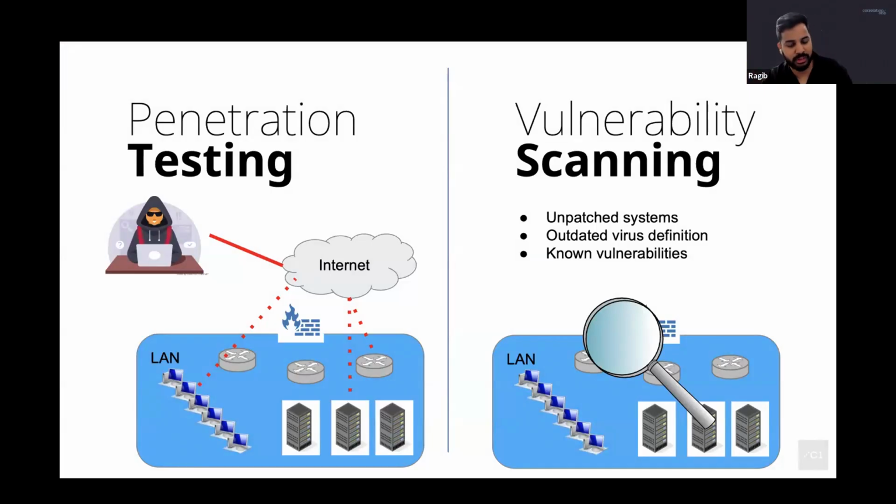This is active manual testing where security experts think like real attackers and try to exploit vulnerabilities in creative ways. On the right-hand side, vulnerability scanning is represented by the magnifying glass. It's systematically examining your networks. It's automated scanning that identifies specific issues like unpatched systems, outdated BIOS detections, and known vulnerabilities.